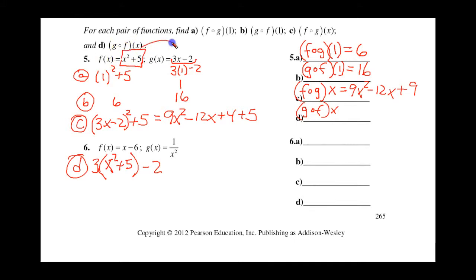So this goes where the x is. So the 3 out there is correct, and then we just put this in there, x squared plus 5, and then we bring down our minus 2. So this then becomes 3x squared plus 15 minus 2. So when we put it over here, this is going to be 3x squared plus 13.